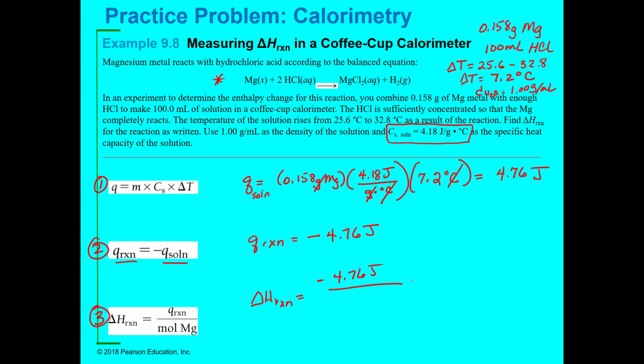So I had 0.158 grams of magnesium. And in 1 mole of magnesium, if I look on the periodic table right quick, it's 24.3 grams. So when I do that quick calculation, I'm going to get 0.0065 moles.